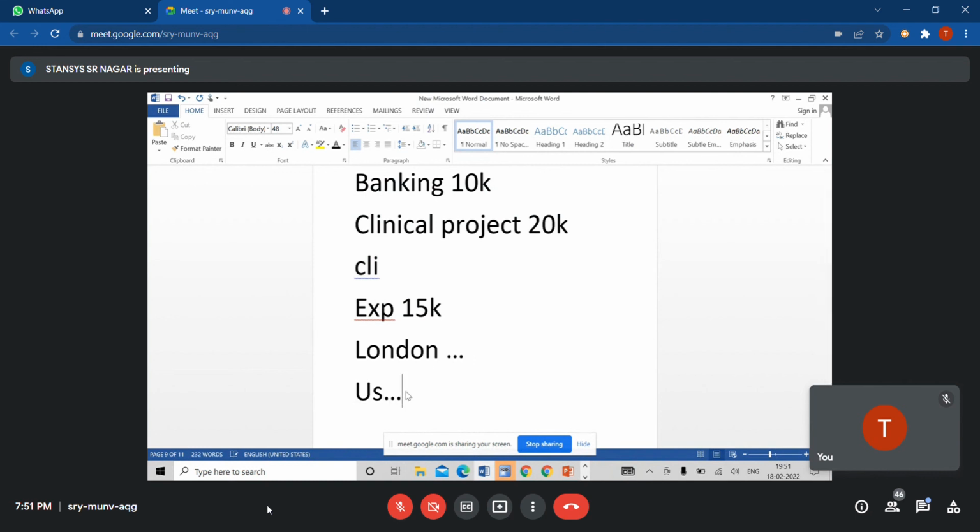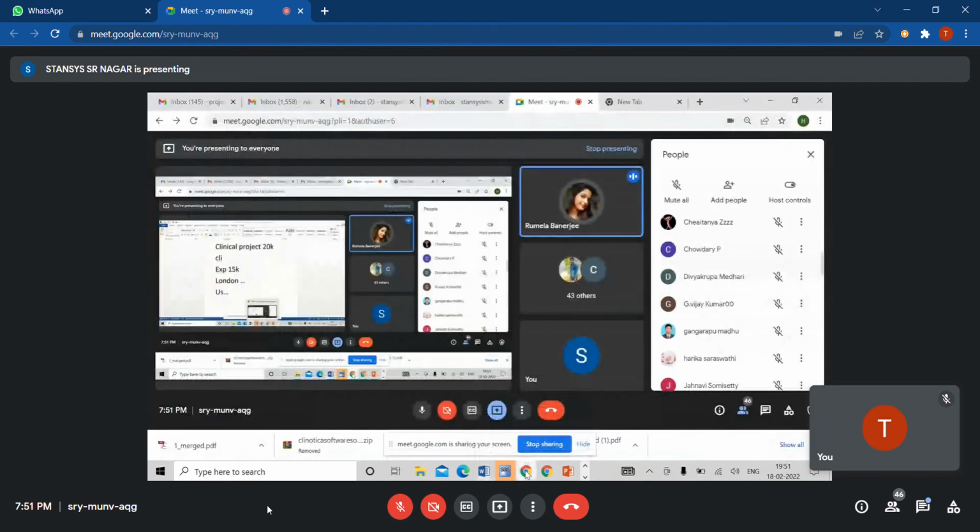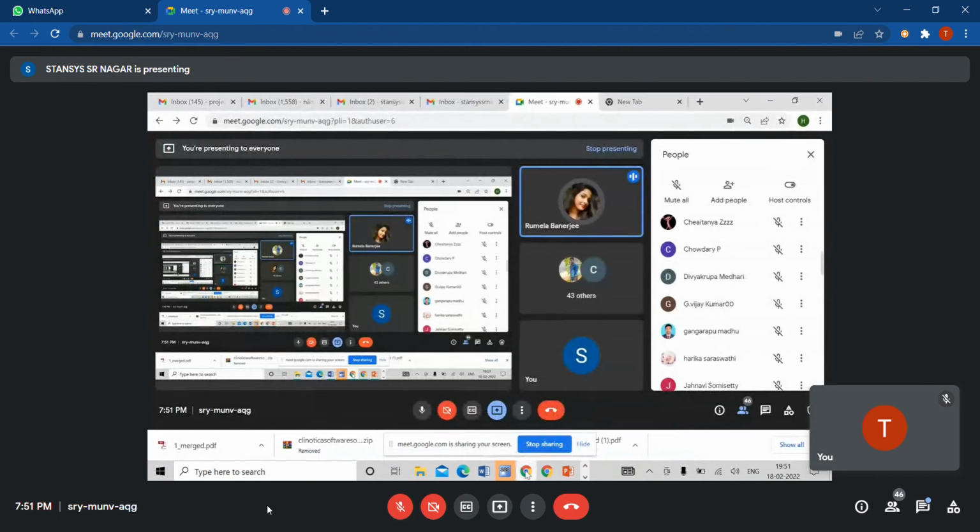If anybody wants H1, we'll provide that here also. So if I want to switch location, I can? Yes. If you want to go through London, we're providing that too. No issues. Understood.